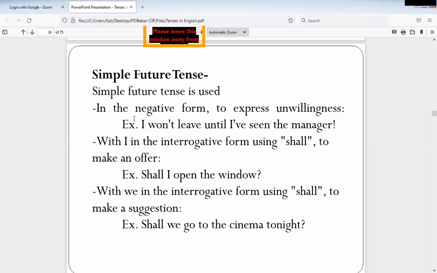For example, shall I open the window? Or shall I close the door? Shall I help you? These are the expressions we generally use for this interrogative purpose.